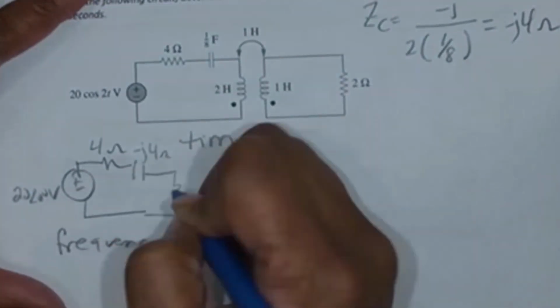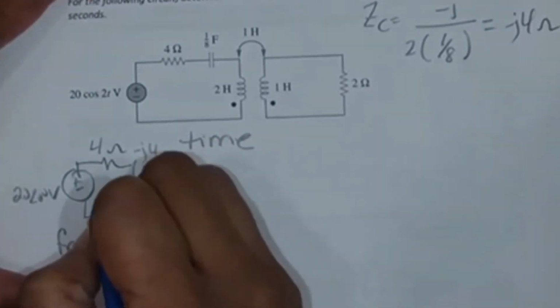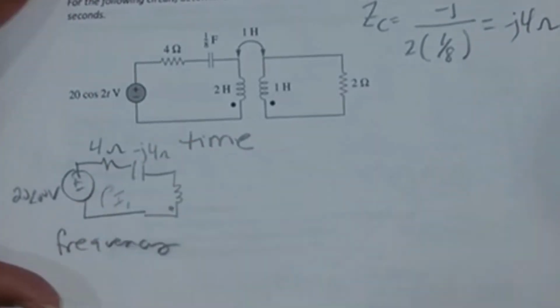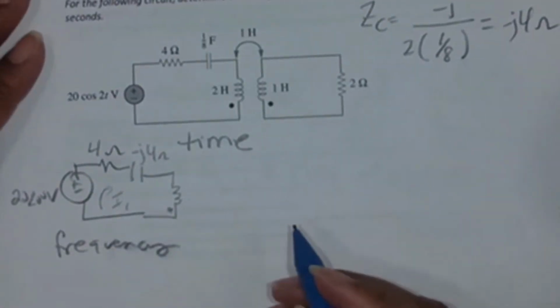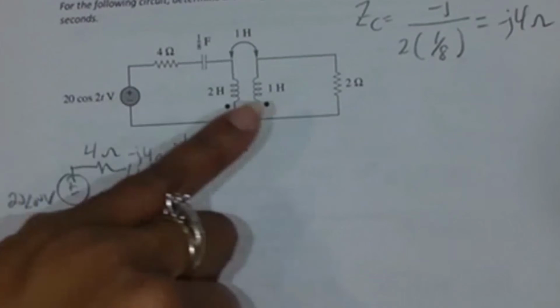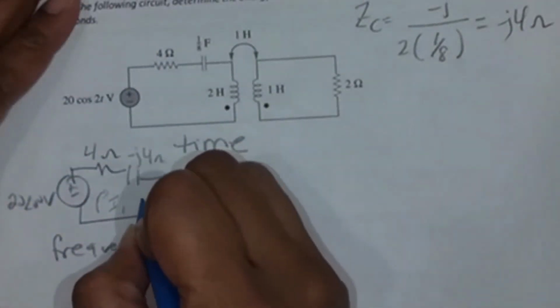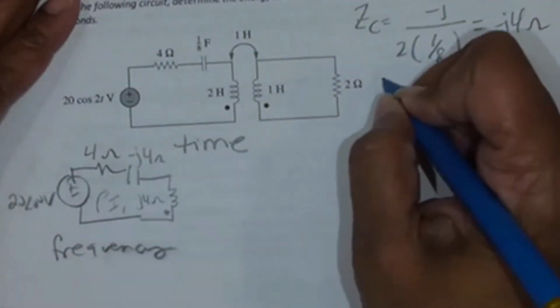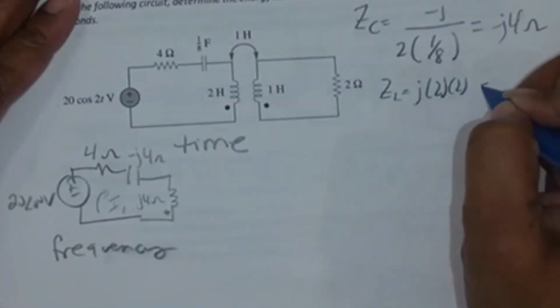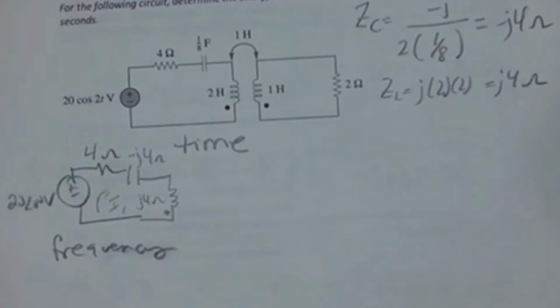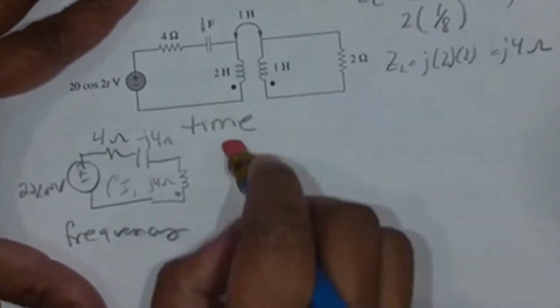Then you draw the inductor, show the dot. I'm going to assume clockwise current. And that is going to be 2 times 2, so this inductor is J4 ohms. Oops, I forgot. I've got to show the mutual inductance.